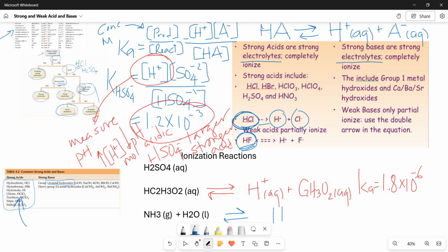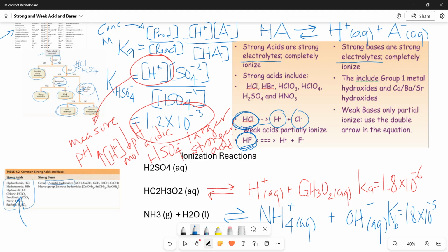So what's going to happen here is the water is going to react with the ammonia, and it's acting as a Bronsted-Lowry base by accepting a proton, and in this case a proton is a hydrogen ion, and it leaves behind the OH of the water. And if we look at Kb, that chart that I was enlarging actually has a Kb value. The Kb value here is 1.8 times 10 to the minus 5th, which is actually a pretty weak base.